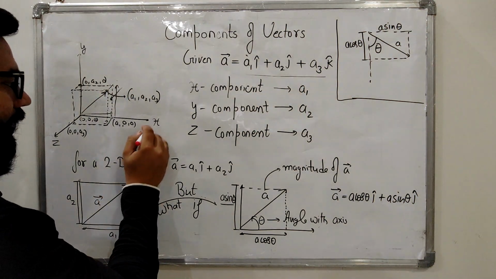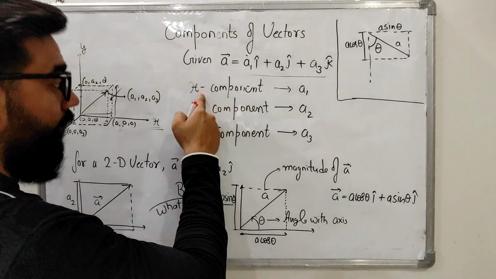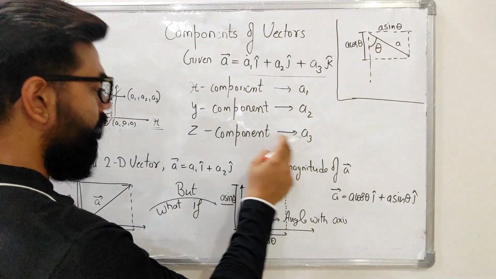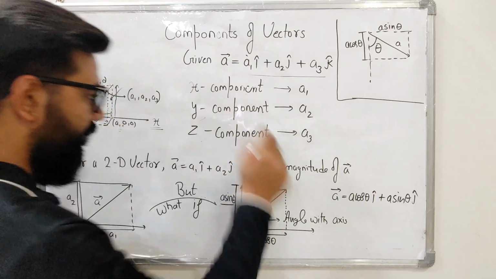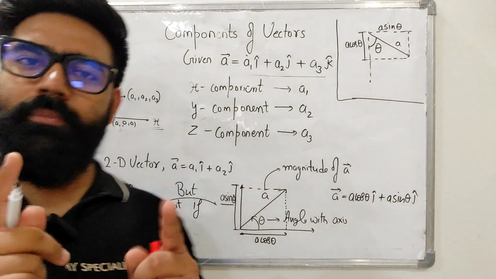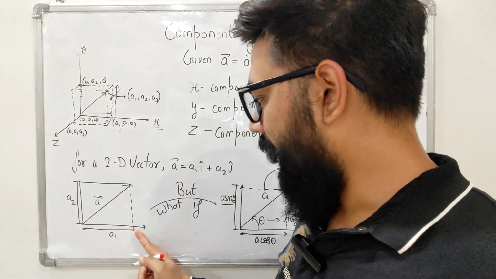Now we can clearly see that in the x direction, the length of this vector is basically a1. So the x component would be a1. Similarly, the y component would be a2, and the z component would be a3. Now what if it's a 2D vector, where only two dimensions are available? We can say that it will be x and y.